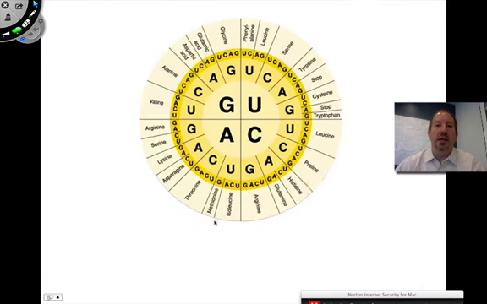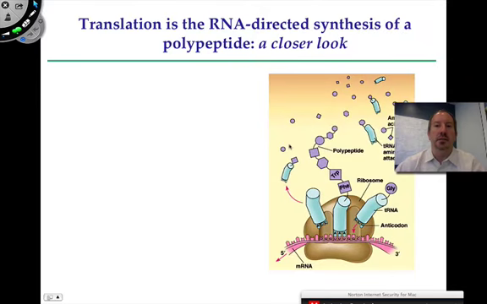You read the genetic code based on the decoder. And so this is from our textbook right here, but there's others. But you look at the first base, second base, third base, and then I'll tell you what the amino acid is in the protein. And so let's take a closer look at translation. That's occurring on the ribosome, and this is a kind of a cute cartoon of that.